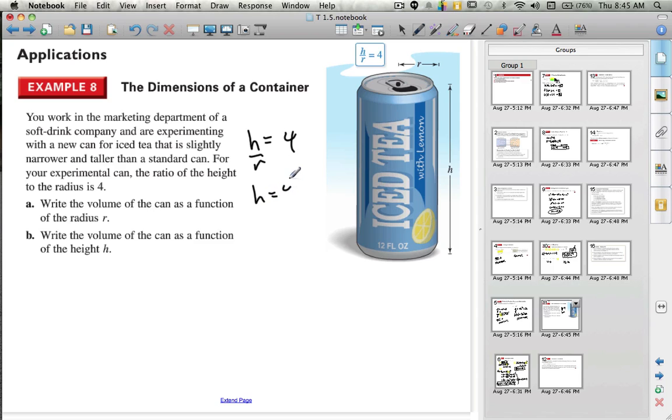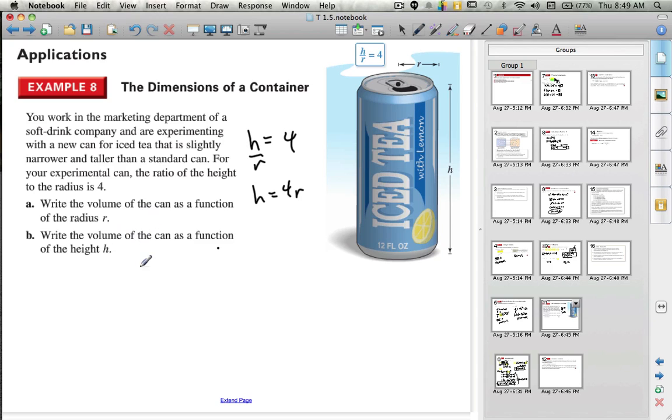So h will be equal to 4 times r. Because when I start writing this volume function, I'm going to have height as part of it, because it's the area of the circle at the bottom times the height. That's what we would do for the volume of a cylinder.